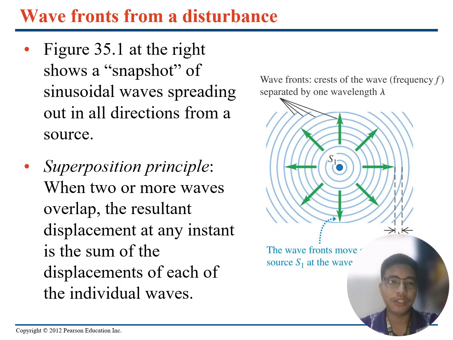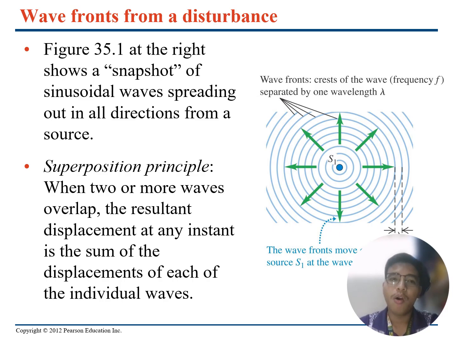An essential principle governing wave behavior is the principle of superposition. This principle states that when two or more waves occupy the same region of space, the resultant displacement at any point is equal to the sum of the individual displacements.